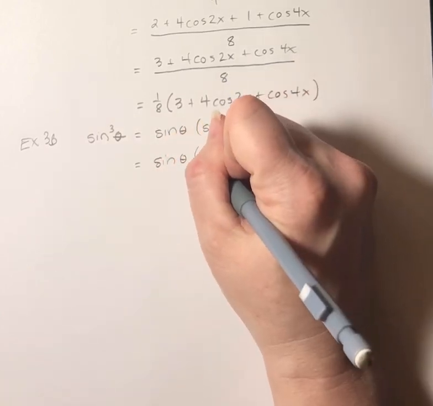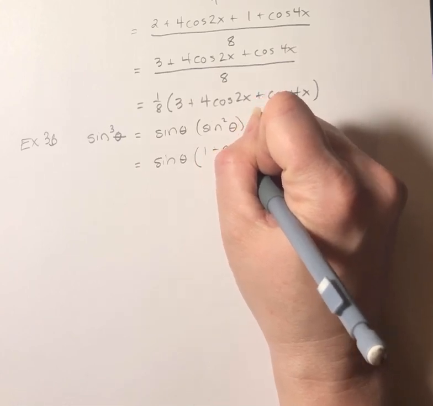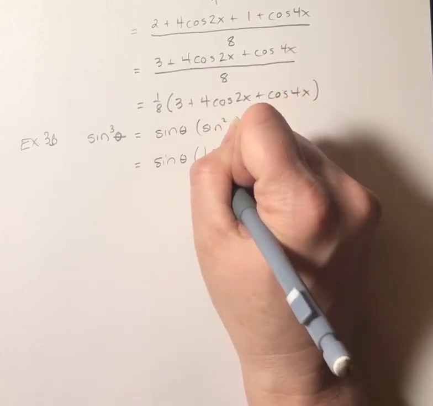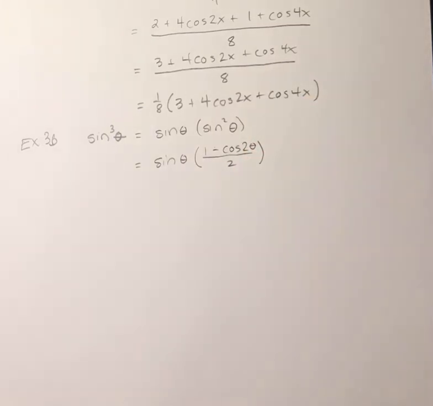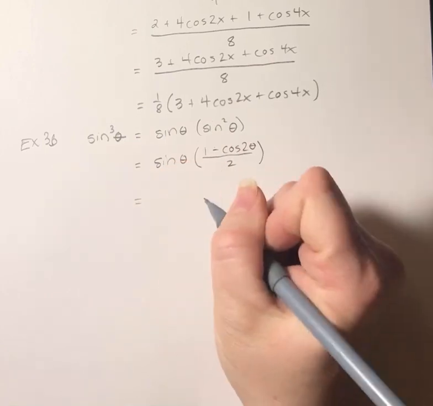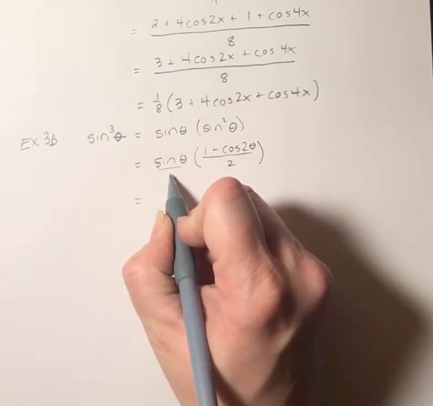So this is going to become 1 minus the cosine of 2 theta over 2. And then this is technically over 1.